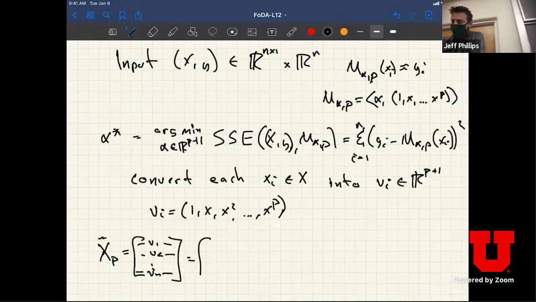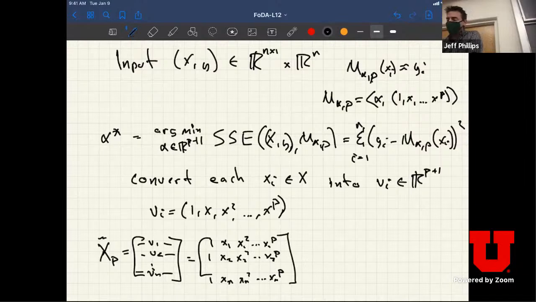So this is equal to rows 1, x_1, x_1 squared, up to x_1 to the power p, then 1, x_2, x_2 squared, up to x_2 to the power p, and so on up to x_n.